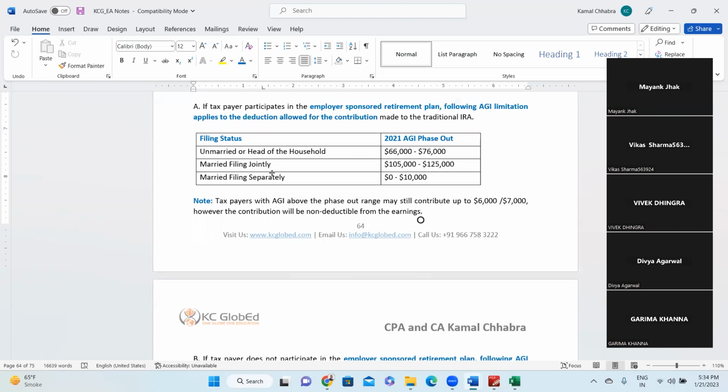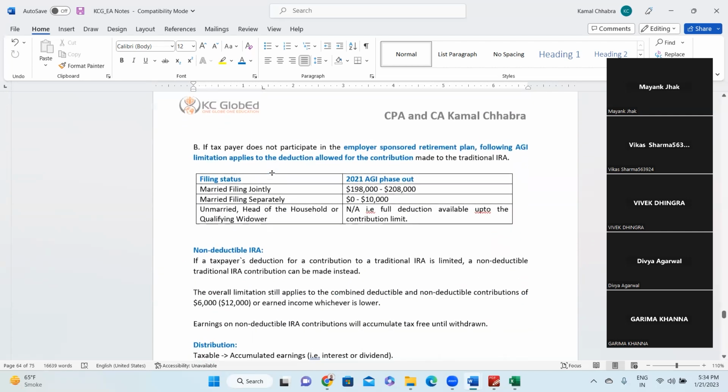When your employer does not have any sponsored program, or you are not working in any company, but you are making self contribution from your self-employment, partnership, or sole proprietorship, in that scenario the limit is more, right?